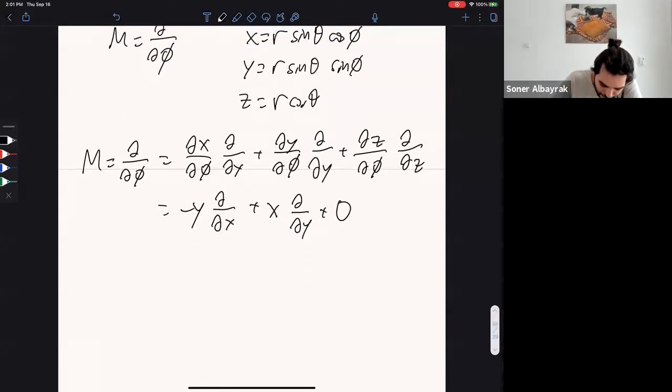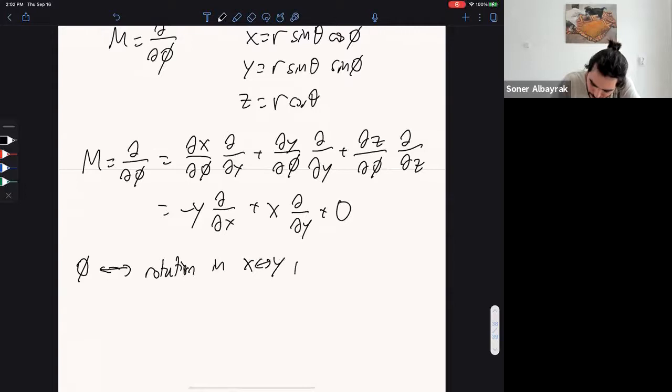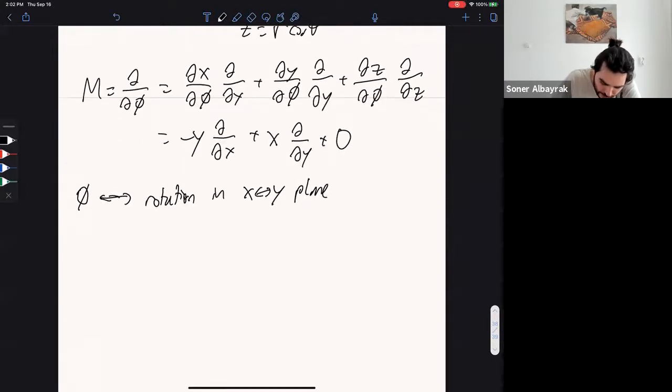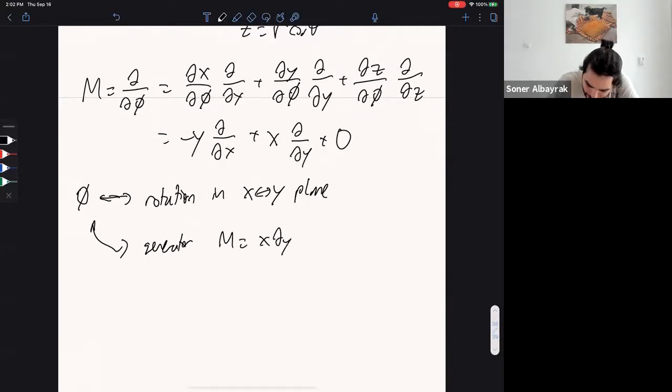So that means phi was associated with rotation in the xy plane, and the relevant generator turned out to be x del y minus y del x.